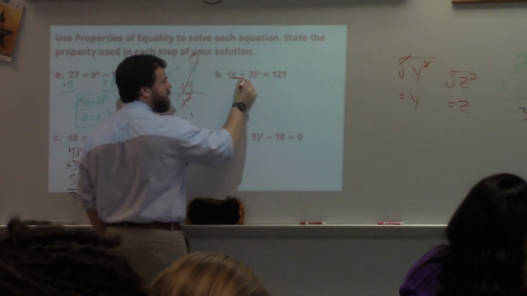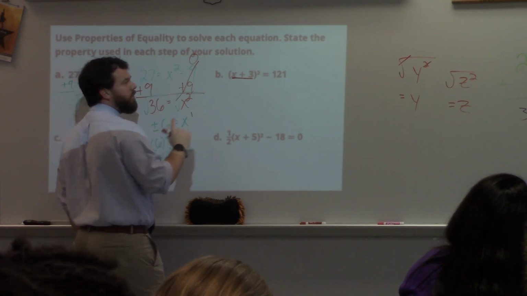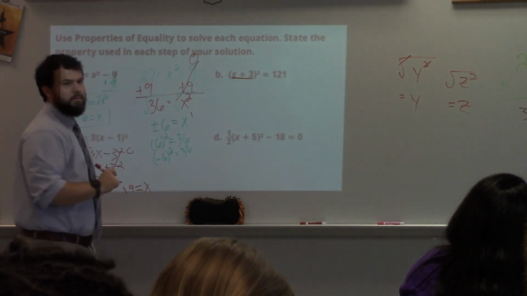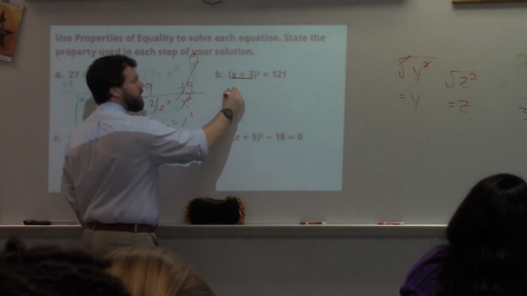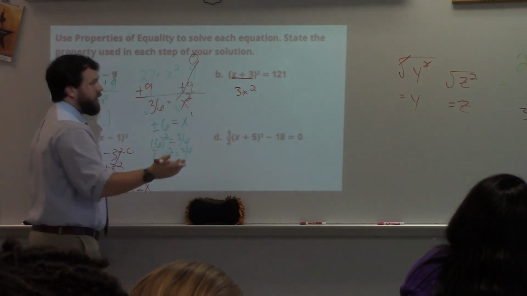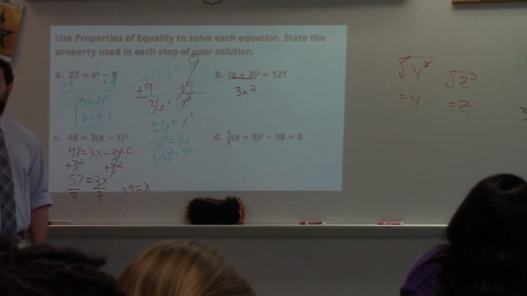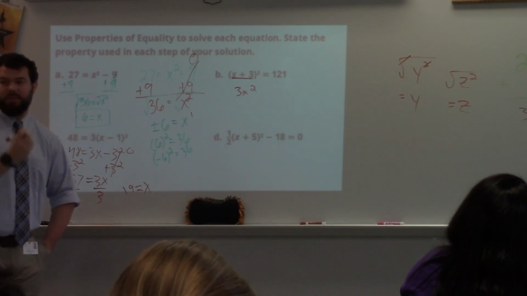It's being added by 3. After x is being added by 3, it's being squared. Remember, we just talked about that. I don't have 3x squared. If we have it in vertex form, I want to use properties of equality with inverses.